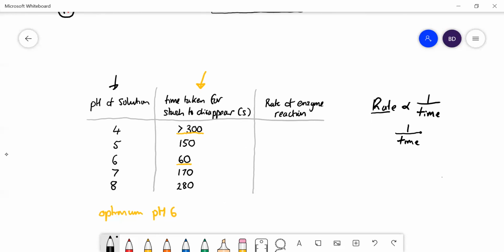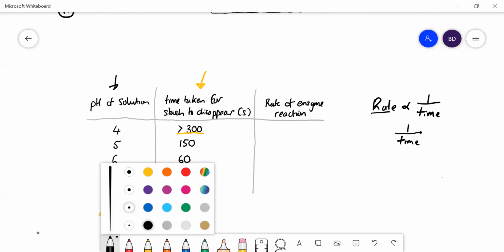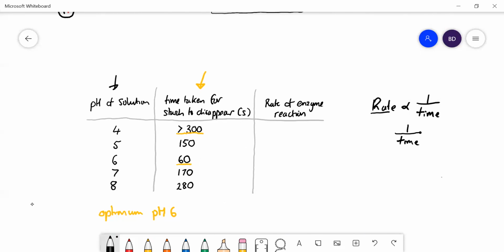The trouble is that would give you a decimal. So what most people do is instead of having 1 over time, they put 1000 over time. And that gives you easier numbers to work with. So for example, this one here, 1000 divided by 150 gives you 6.7. That's the rate of the enzyme reaction there.